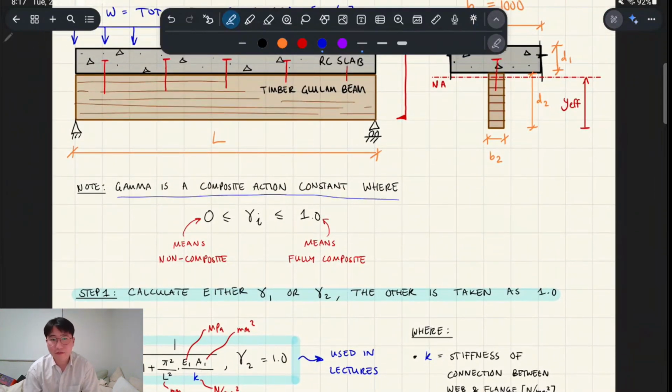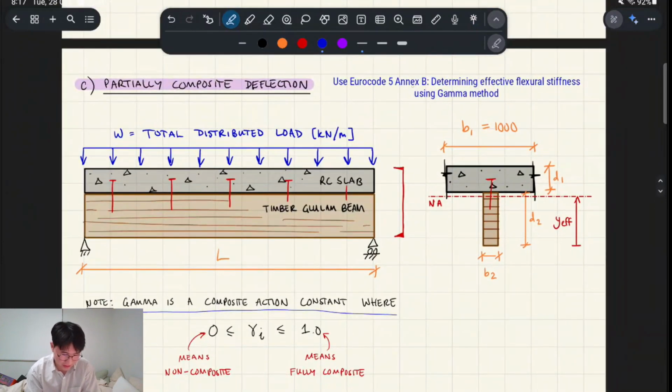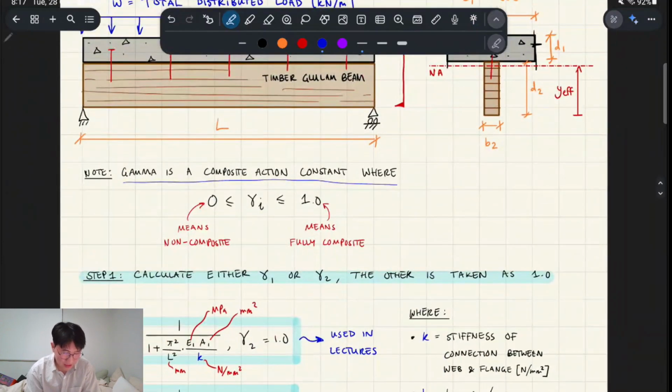in the Eurocode for timber, in some random appendix, in Annex B, gamma method is talking about how partial, I guess, your composite is, right? So 0 means it's non-composite, so sliding against each other when it's bending. 1 means it's fully composite, right?